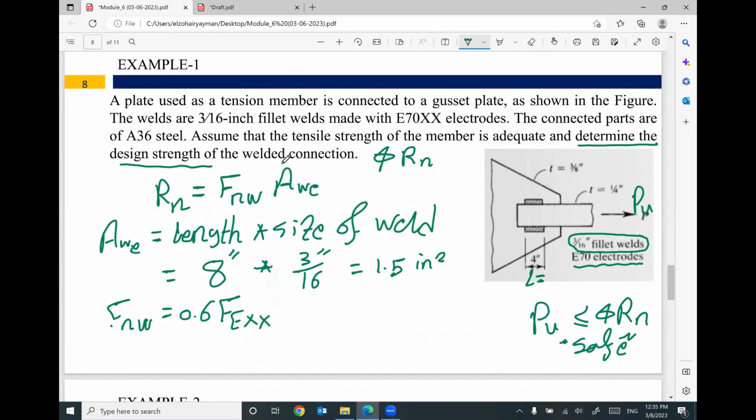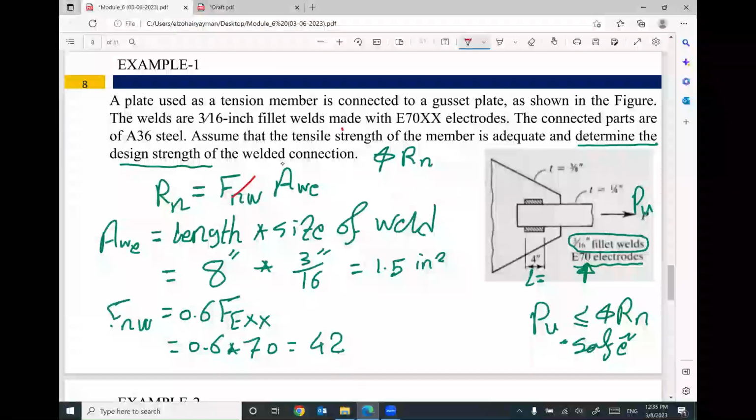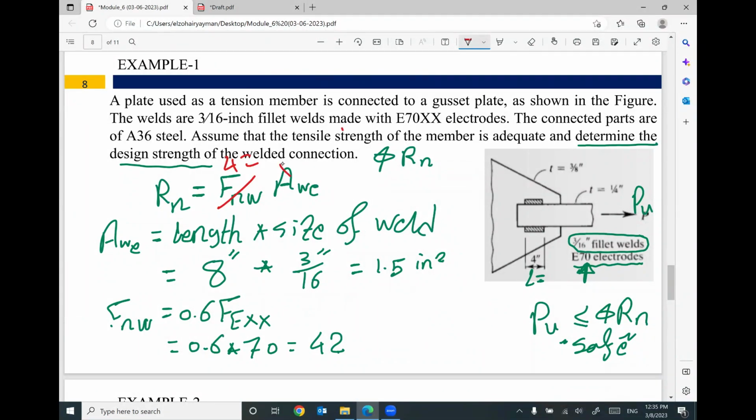What type of electrodes did you use? E70. So 0.6 times 70 equals 42. So go back and put the value of Fnw 42, the value of area of weld effective 1.5. I can figure out the value of Rn.